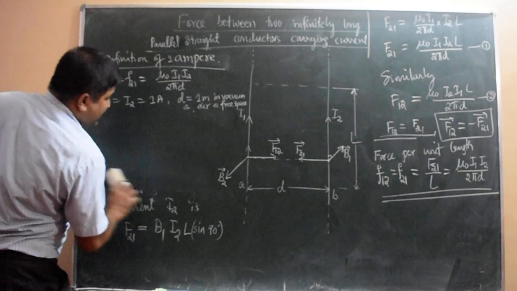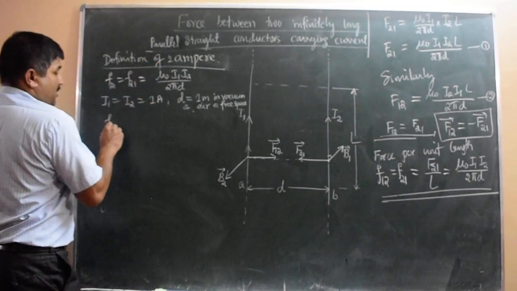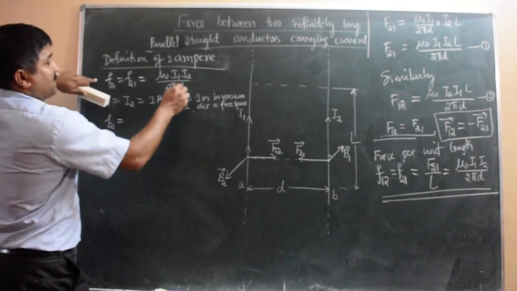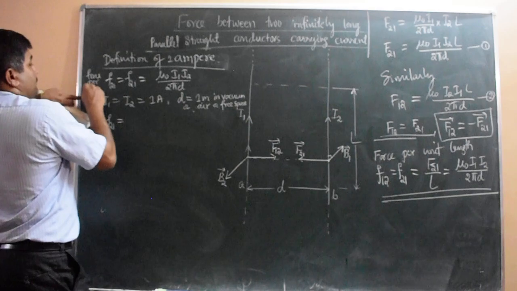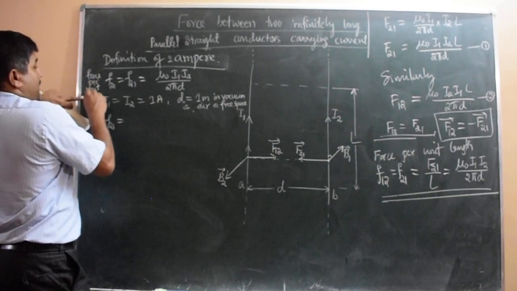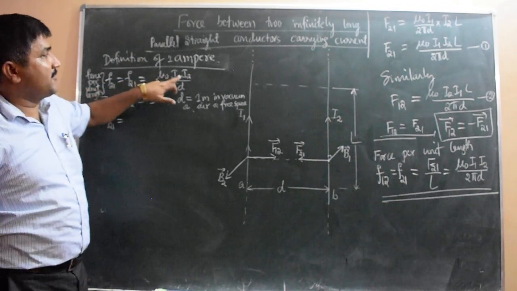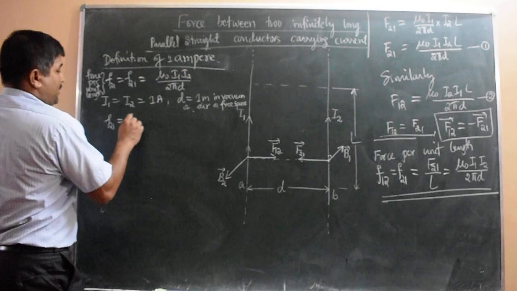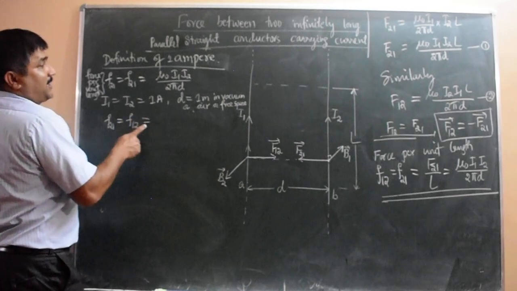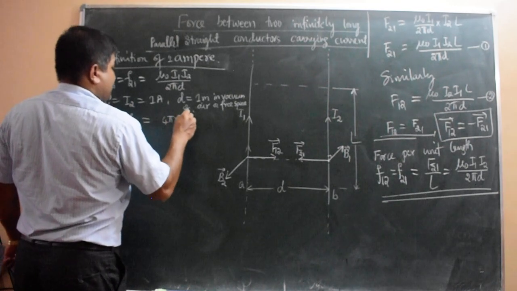So what do I get in this expression? F21 or F12, the force per unit length on each of the conductors, is mu naught I1 I2 by 2 pi d. Mu naught is 4 pi into 10 power minus 7.